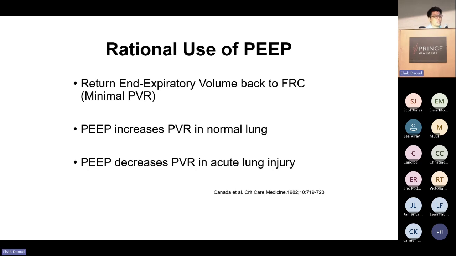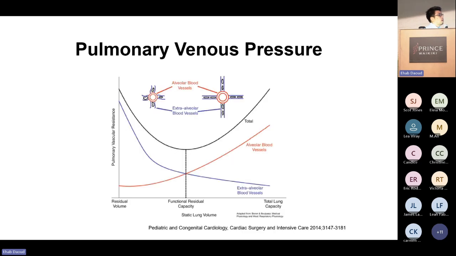So going back to the scheme, it makes sense for normal people when they are here, by increasing the PEEP and expanding the lung, they go this way, and then PVR actually goes up. But if you're here already, lungs are collapsing because of injury or pneumonia, whatever, by increasing the PEEP and going back to here, you can potentially decrease the pulmonary vascular resistance.